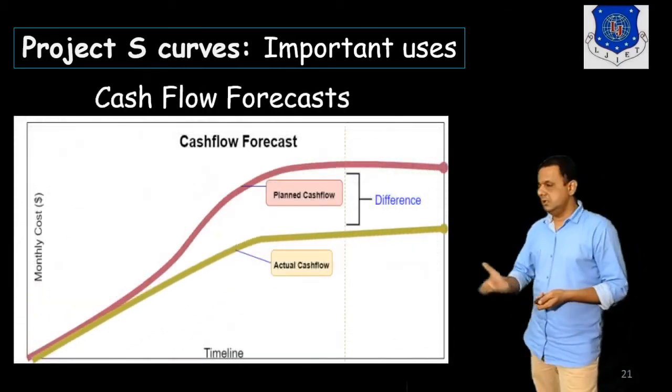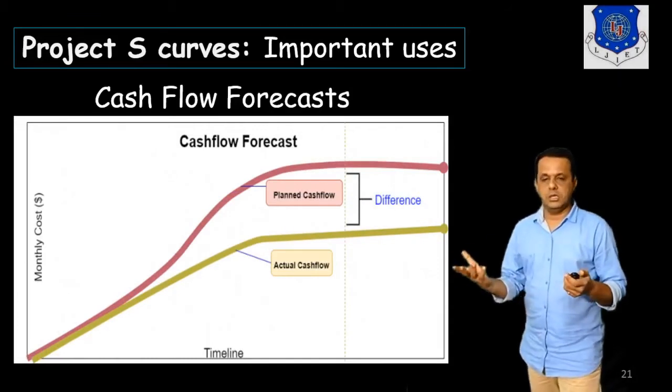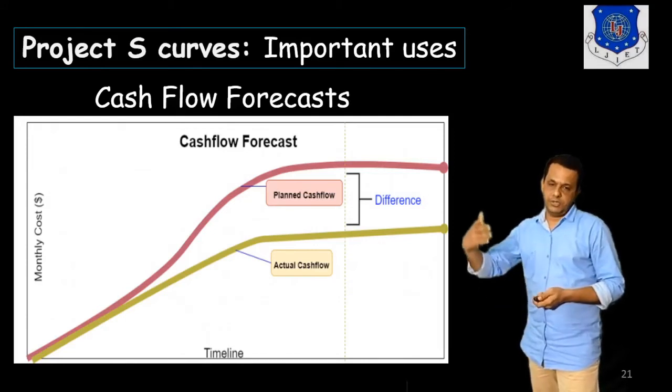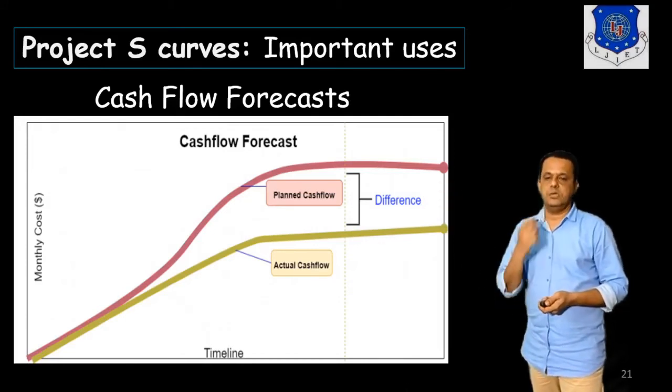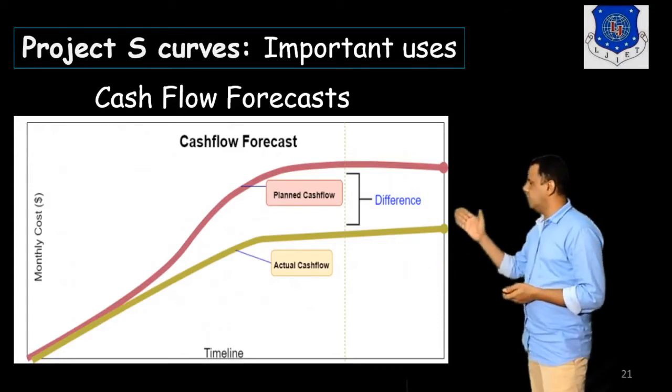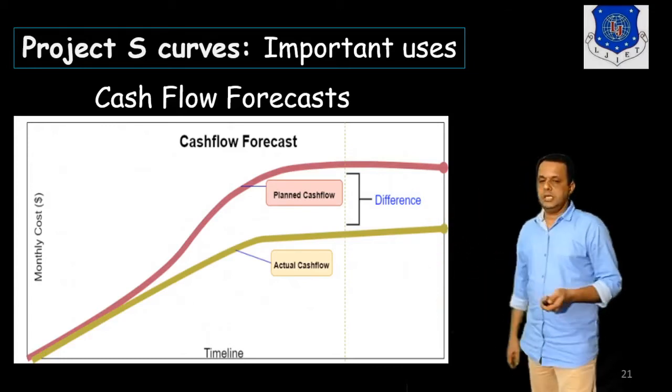Cash flow forecasting is very much important, the blood for any project, and you can see the difference between the planned cash flow and the actual cash flow on the timeline. Here you see the graph for monthly costing.